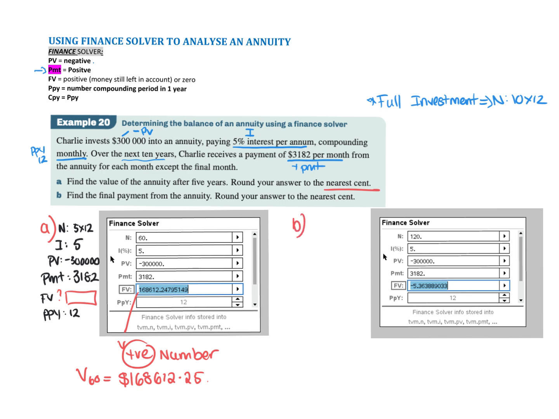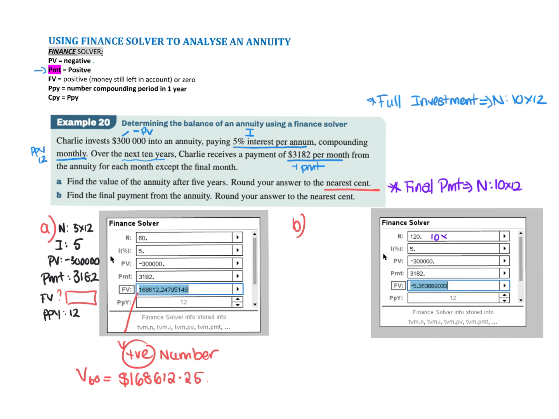Okay, find the final payment of this annuity. So once again, we're going to do it like I said. Final payment, we are going to go to the end of the scenario. So we're going to do N, which it was 10 years, so 10 times 12.